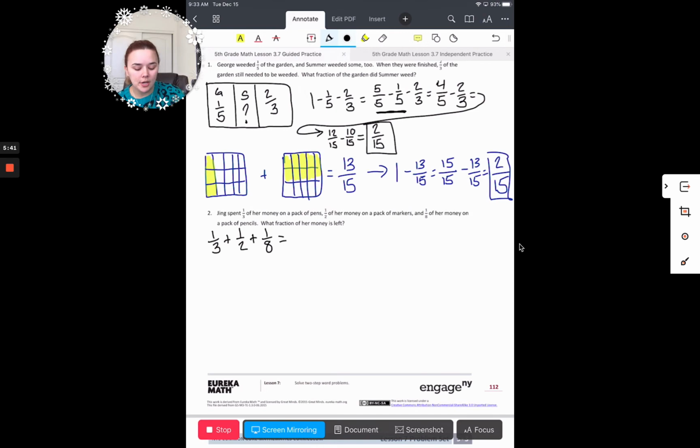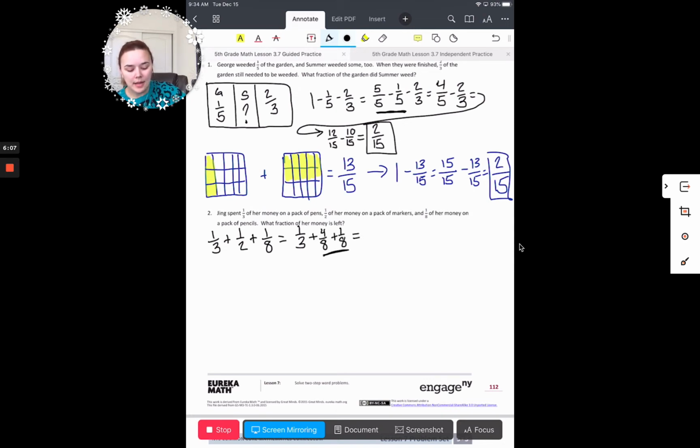So I'm going to start by changing my 1/2, since 1/2 is kind of an easy number to make an equivalent fraction with. I'm going to make my 1/2 into an equivalent fraction over 8 so that I can add it to my 1/8. So I'll be left with 1/3 plus 4/8 plus 1/8.